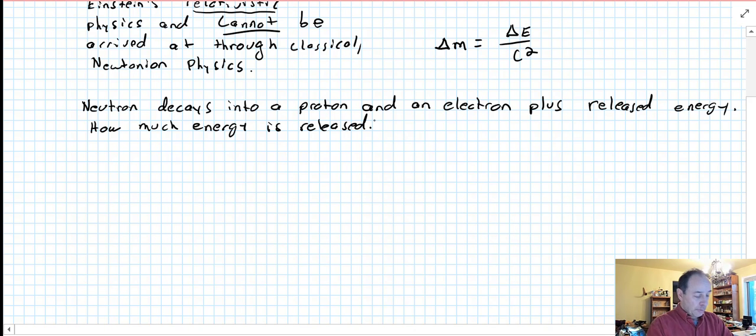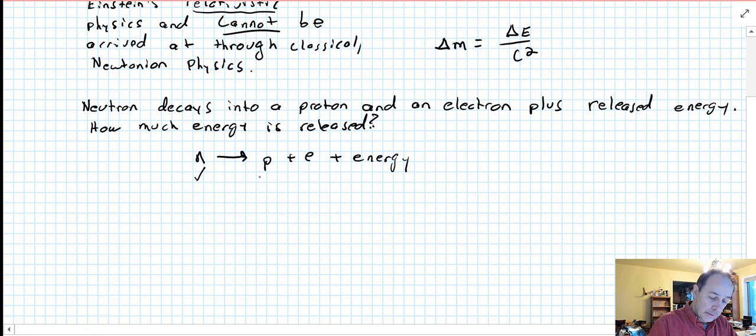Okay, so what we've got is the neutron goes to a proton plus an electron plus energy. Now, we know the masses of these, and we can look those up in a table.